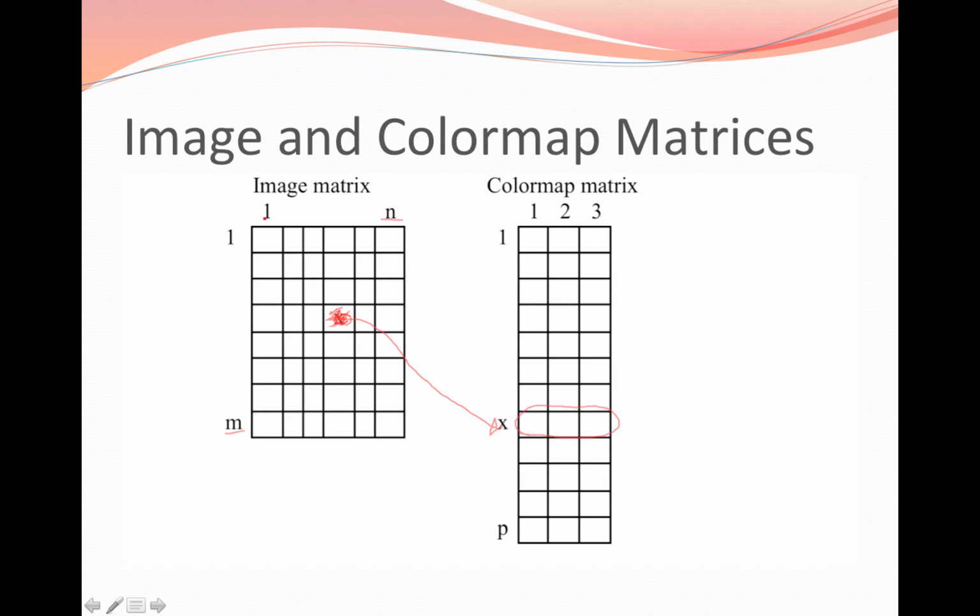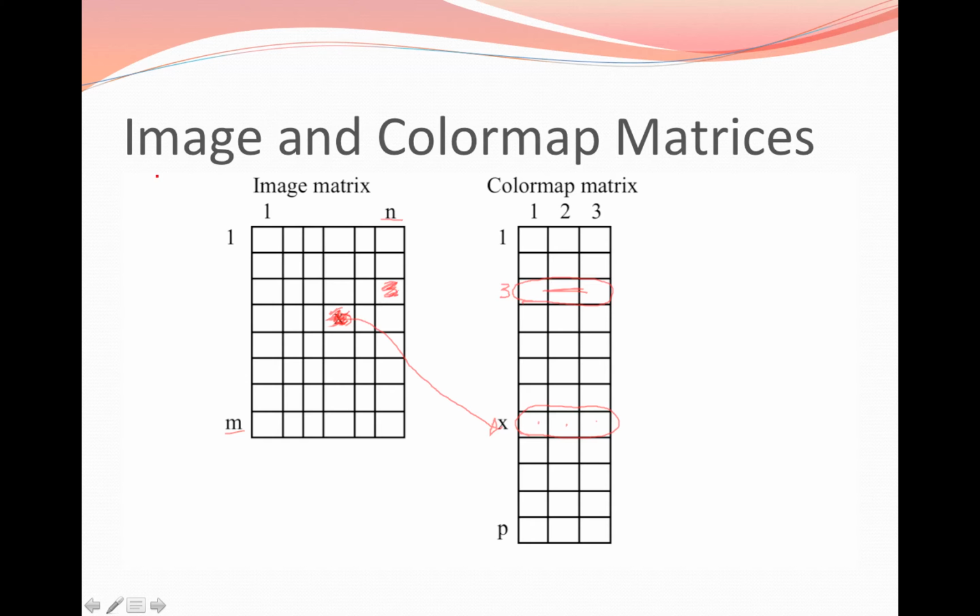Again, the 3 columns here represent the red, the green, and the blue components of that particular color. So if this element right here is 3, that means when the image matrix is displayed, this third row, this third color in the color map matrix, is going to be the color of this particular pixel.